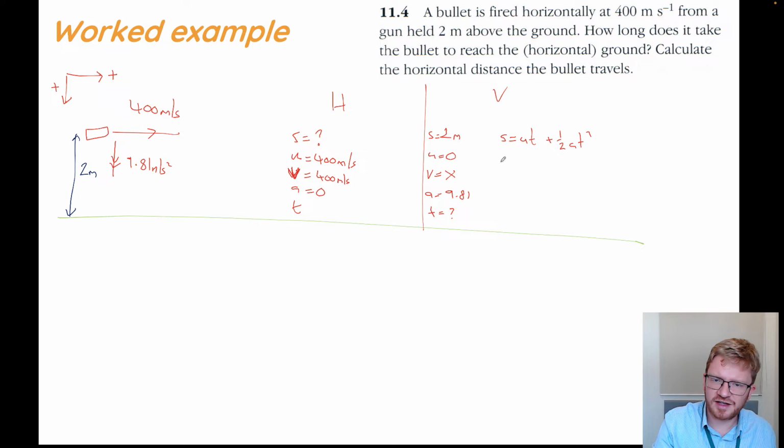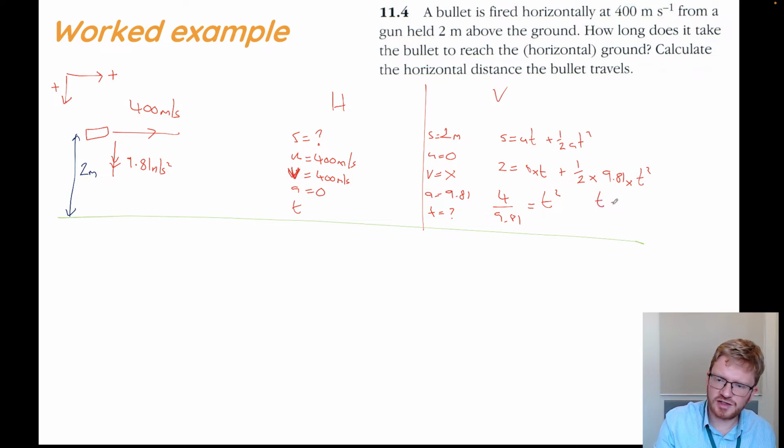So with that, I can say 2 meters is equal to 0 times t plus a half times 9.81 times t squared. So this becomes 0, so multiply by 2, 4 over 9.81 is equal to t squared.